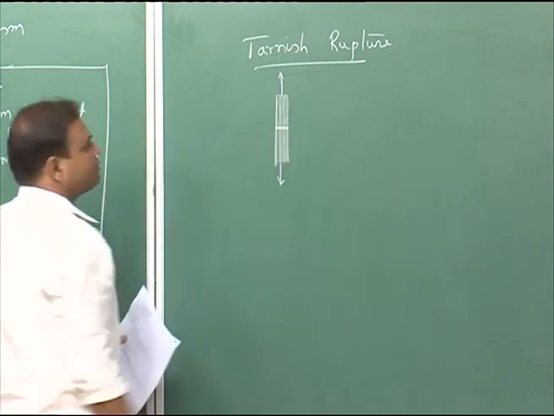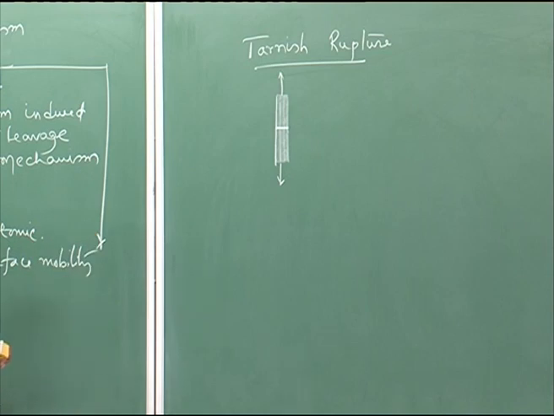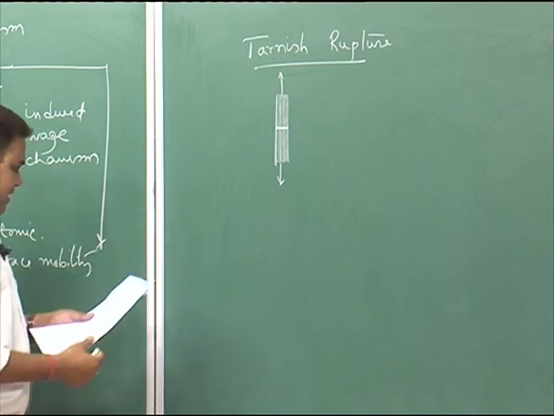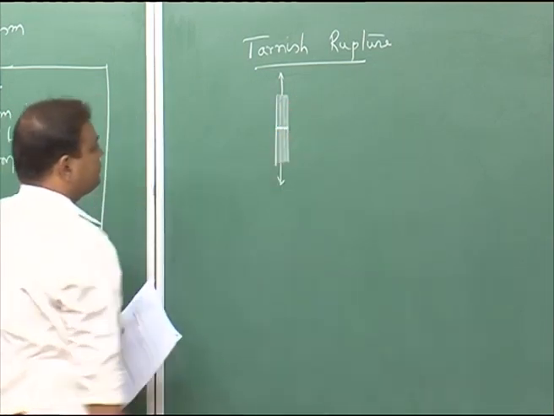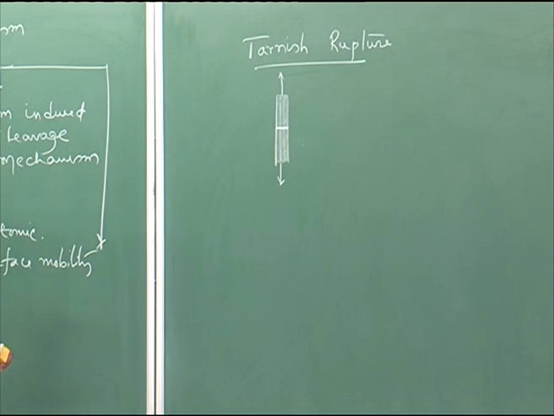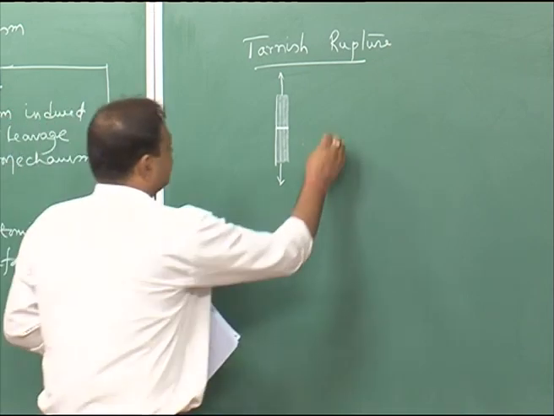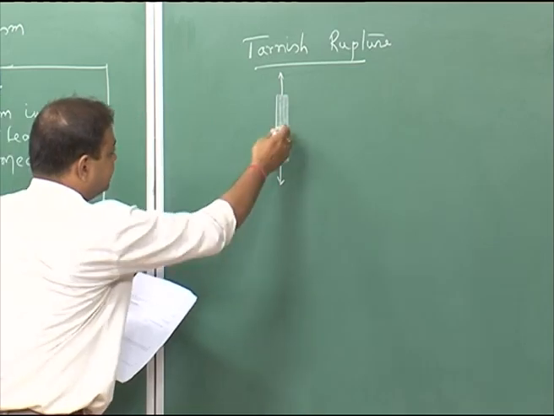This is my sharp crack which is getting into the material, and once it reaches this surface, it is experiencing a tough or ductile matrix, and then there would be crack tip blunting.